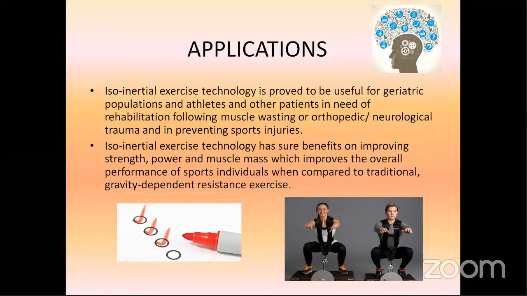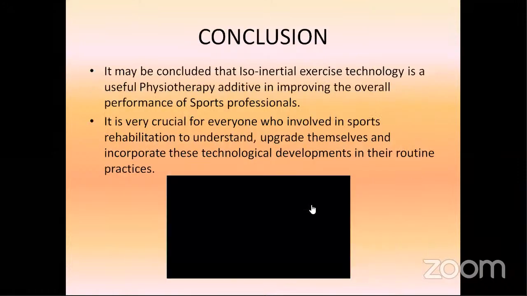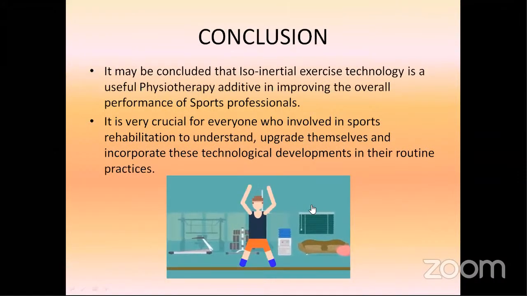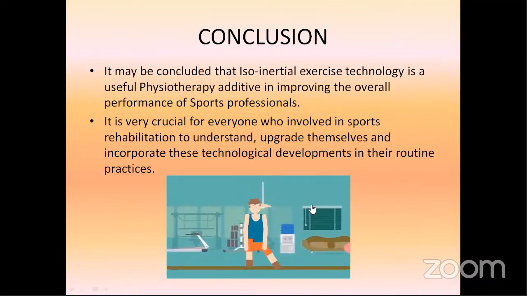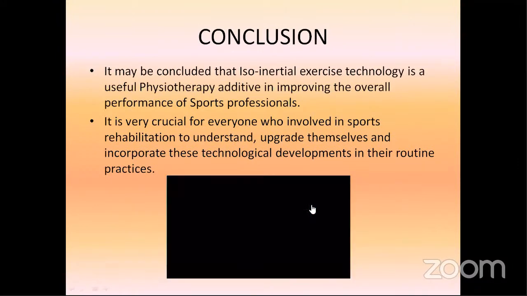Iso-inertial exercise technology is beneficial in improving strength, power, and muscle mass, which improves overall performance, and so it is used in sports medicine. I conclude by saying that iso-inertial exercise is mainly used in improving the overall performance of sports professionals, and it is also used in sports rehabilitation, to upgrade themselves and incorporate these technological developments in their routine practices.